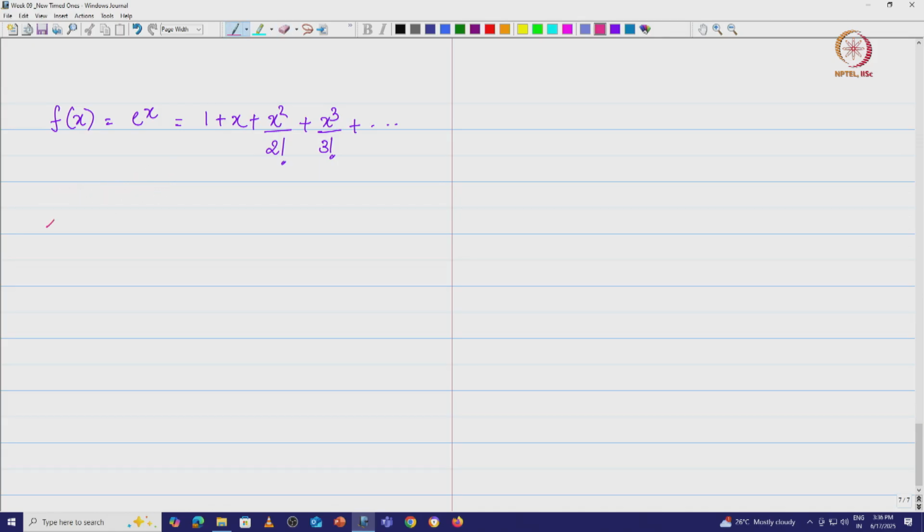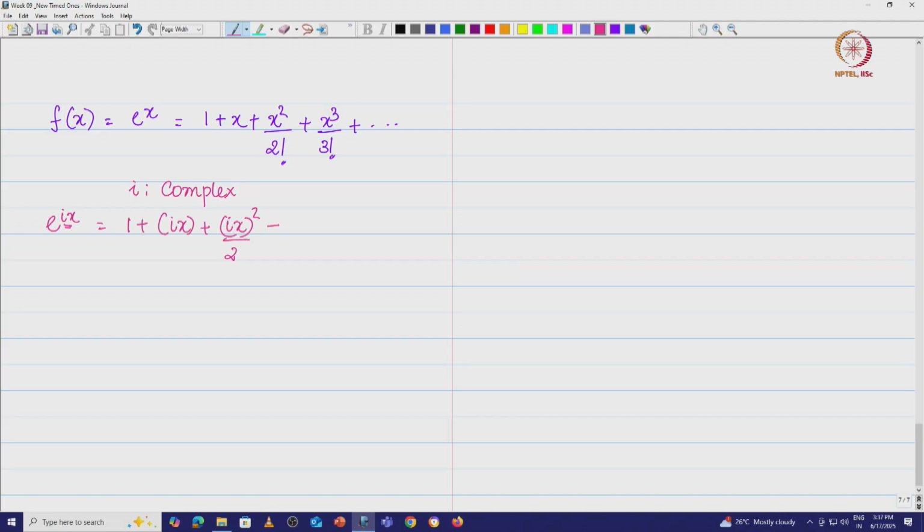So, let us put that e power i x is nothing but 1 plus i x plus i x the whole squared by 2, so you basically have the complex function. So, i squared is minus 1. So, you have this. This is basically e power i x, and we know what e power i x is, we will come to that.